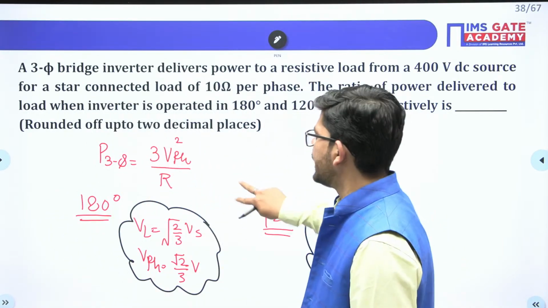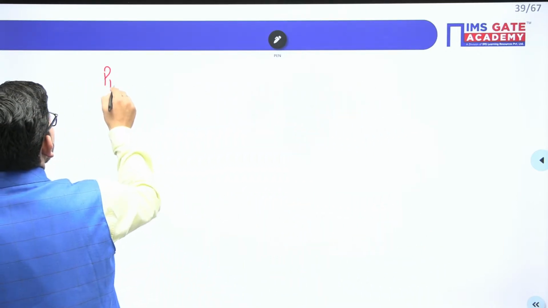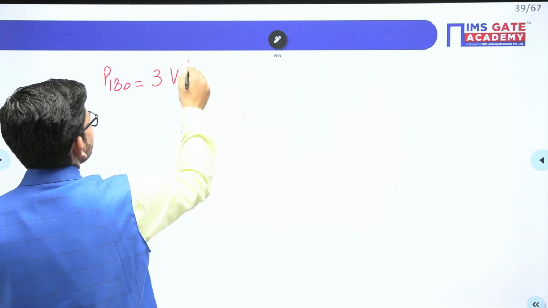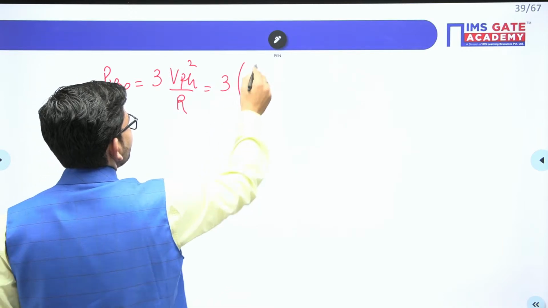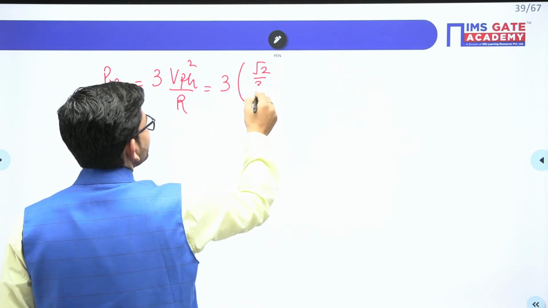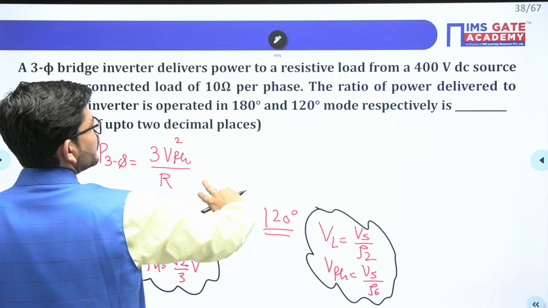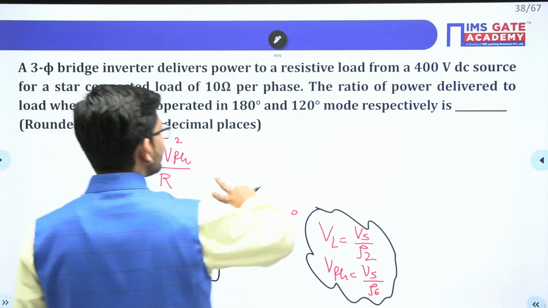So first of all, we have to calculate the power in case of 180-degree inverter. So in 180-degree inverter, this is 3 V phase square divided by R, or 3, what is V phase? It is root 2 by 3. The value of Vs is how much? It is 400. Yes, it is 400.